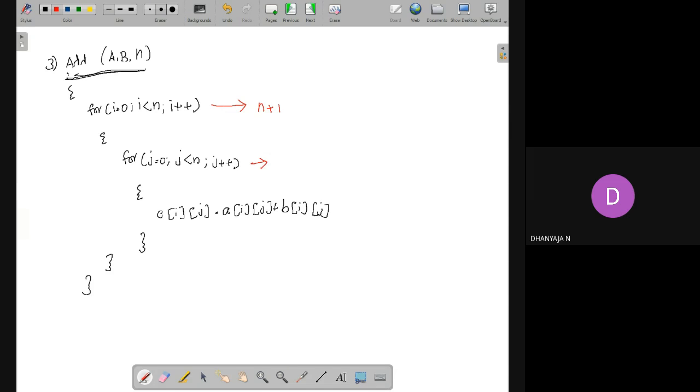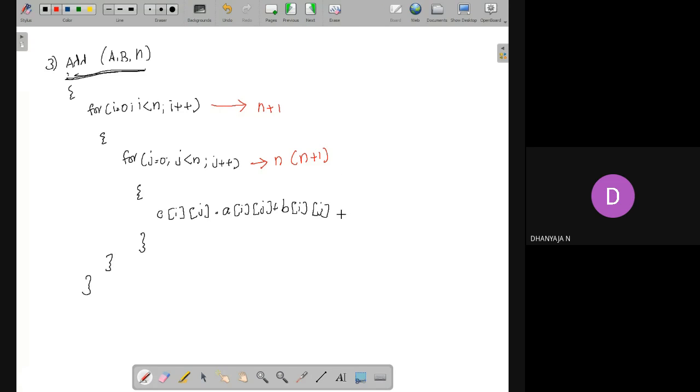How many times will this for loop execute? Very good, Sadaf. Good, good, good. n into n plus 1 times.